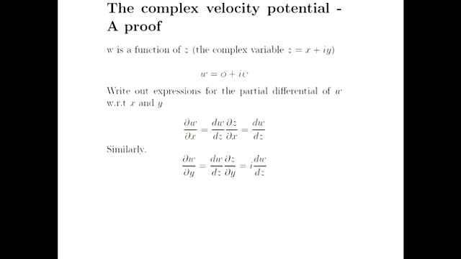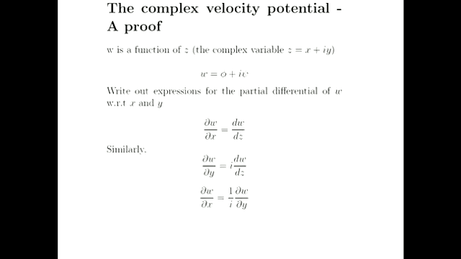All right? So I've got del W del x is equal to dW dz, and I've got del W del y is equal to i dW dz. So what you should be able to see here is that I've got a dW dz on the right-hand side of both of those relationships. So I can actually write that del W del x is equal to 1 on i del W del y. Does that make sense?